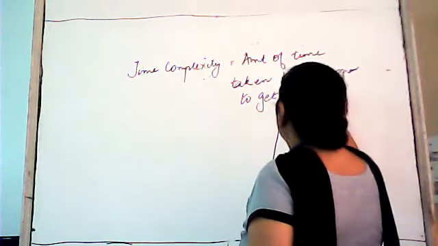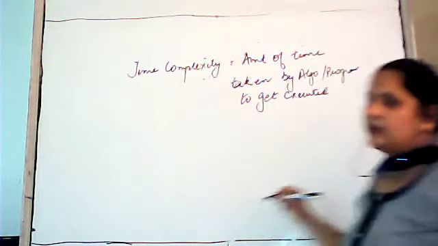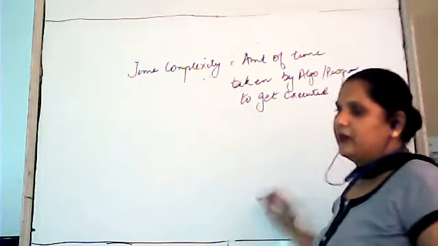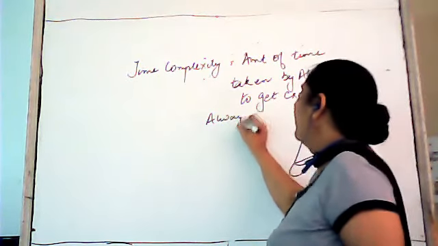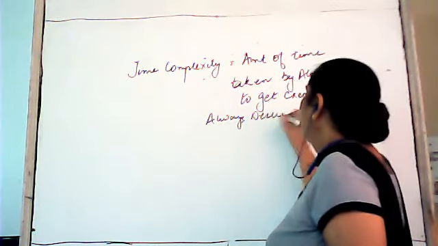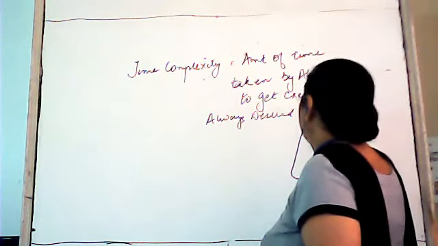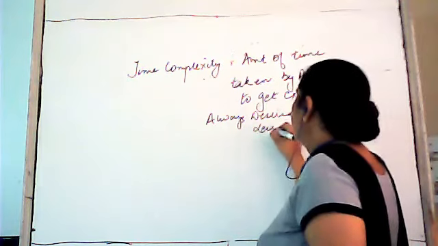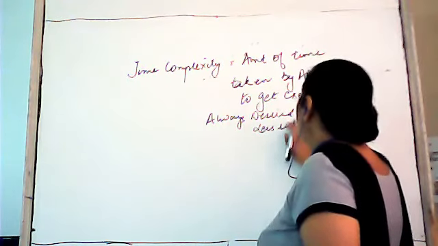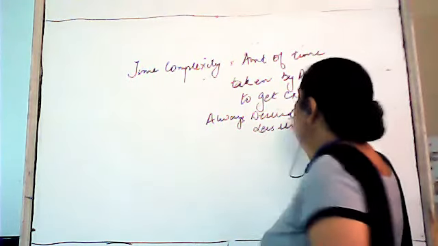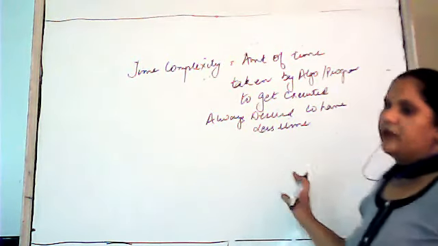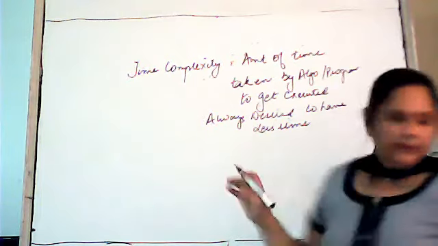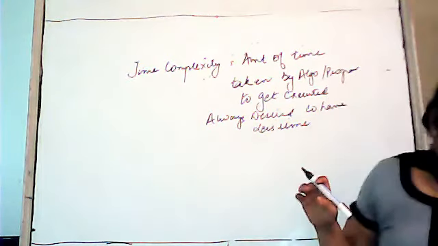That is called time complexity, and it is always desired to have less time. That means your program should be fast for any number of inputs. Okay. Then there is space complexity.